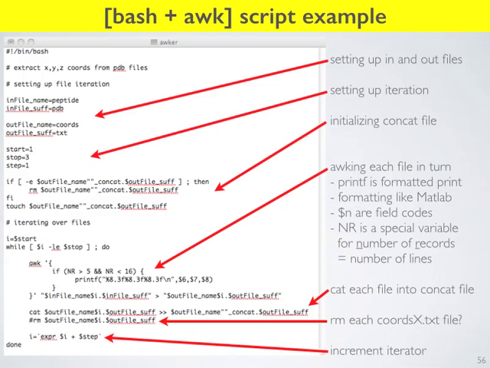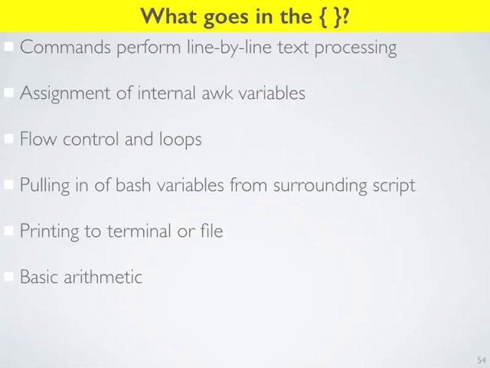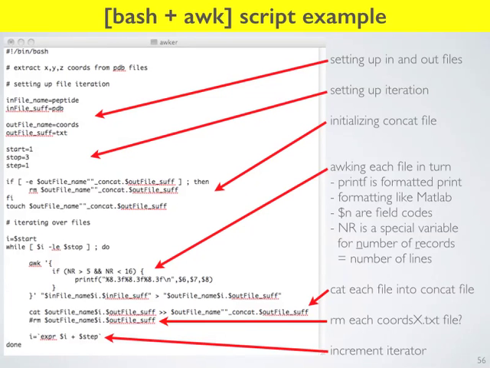You can just multiply one number by another. Actually, it's even simpler. So let me give you a hint. The way you would actually do it is, in this field here, instead of having, say, $6, you would have $6 times $8. And that would multiply field 6 by field 8. So it's actually super simple. So awk can do some basic internal stuff like that.